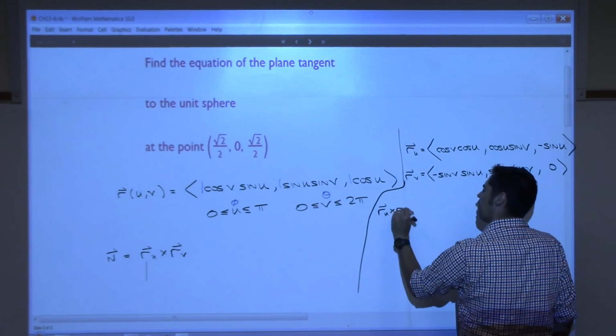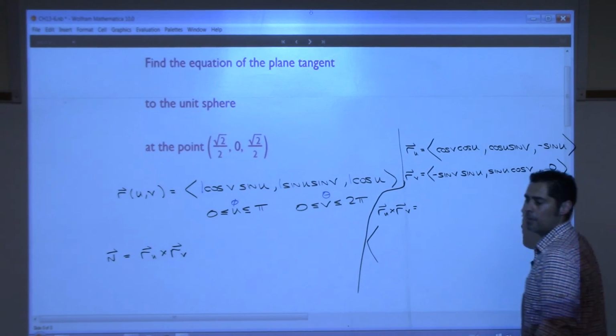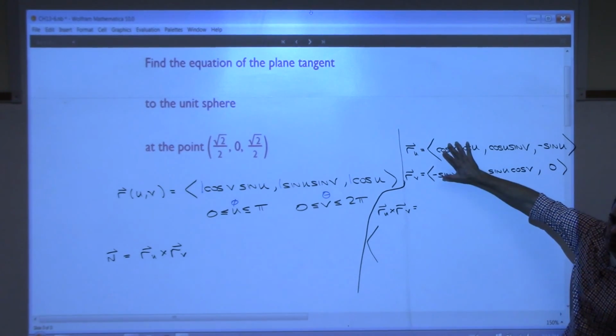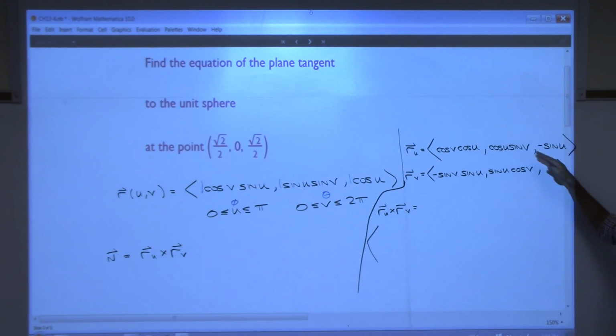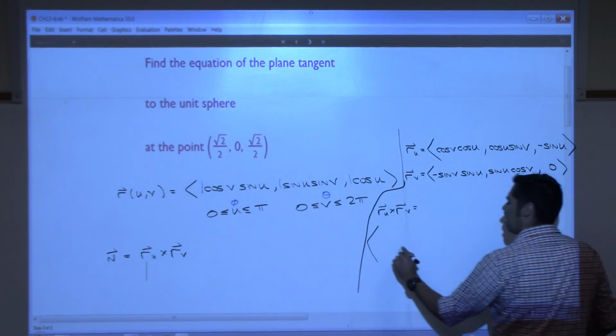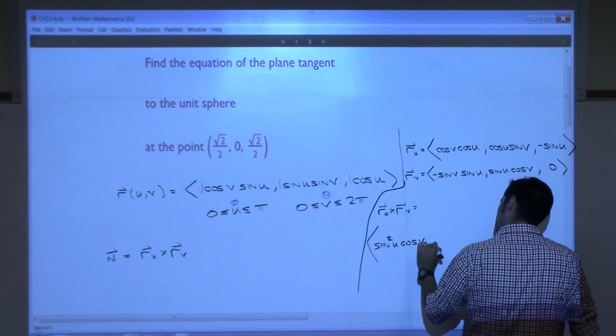Ru cross Rv equals, it's a vector, isn't it? I cover up these, and I do my cross here. Oh, that's nice. I get 0, and then minus negative this, so it'll be plus. This times this, so I'm getting sine squared u cosine v. That's it.